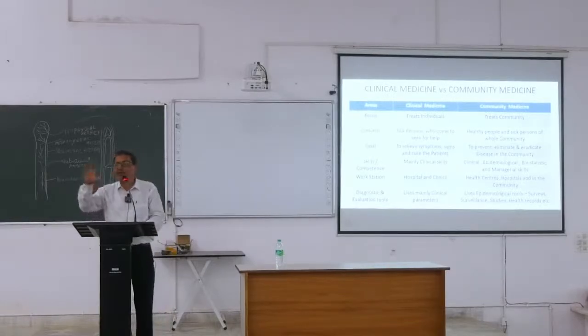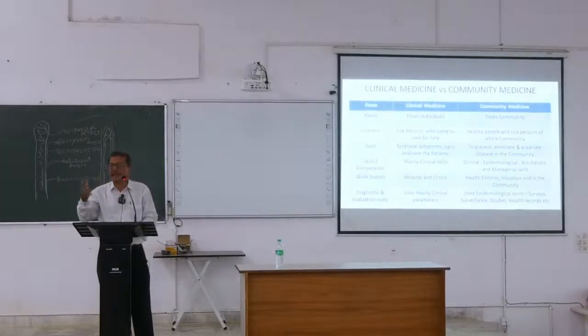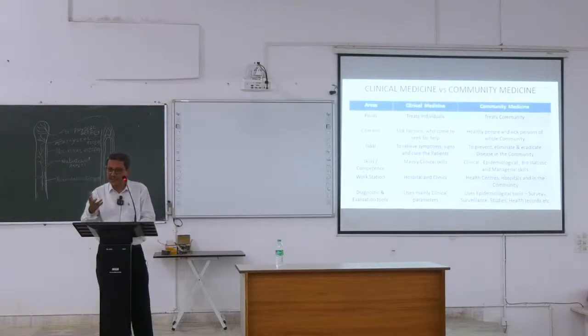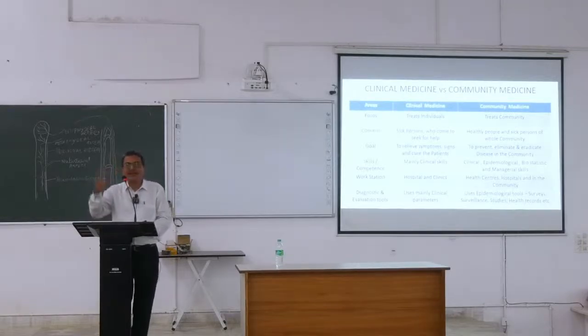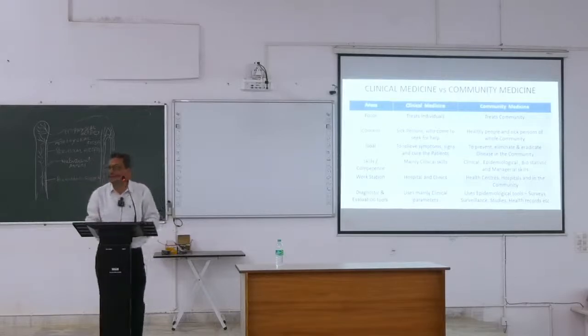I told you, a group of people having some characteristics is called a community. A community may be of different types. Suppose this MBBS batch may be a community, or you may call it a student community, an undergraduate student community. Or you may call it the community of Shantiniketan Medical College first year, or Mulug or Govindapur may be a community.